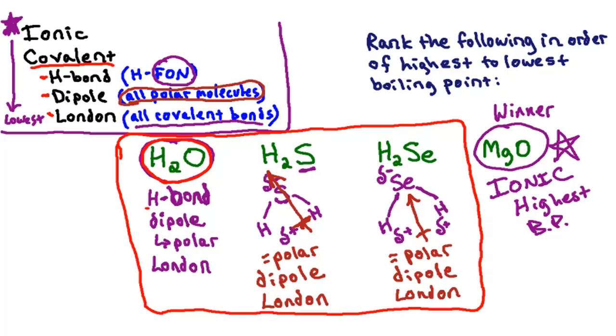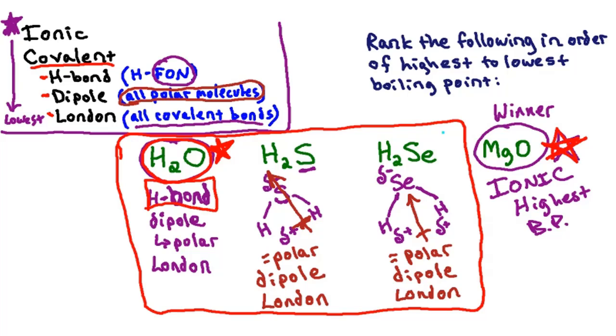And so we know that H2O, out of the covalent bonds, is going to be the winner for the highest boiling point. Magnesium oxide is still the overall winner, but just comparing these three covalent bonds, after magnesium oxide, H2O is going to have the highest boiling point because it has the hydrogen bond.